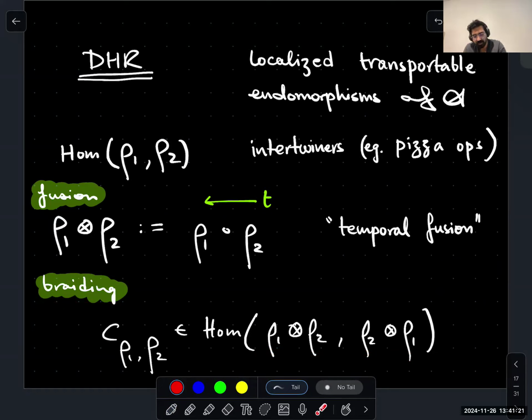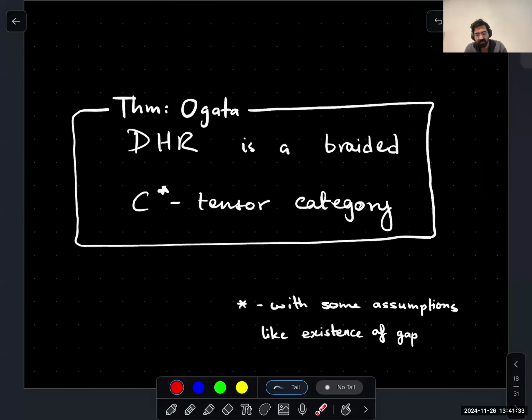Okay. So with the fusion and the braiding structures, it turns out that the category of localized transportable endomorphisms is actually a C-star tensor category, or braided C-star tensor category. If this doesn't mean anything to you, that's fine. It's just a braided tensor category, which is great, because you would have expected that the category of anions is a braided tensor category. And then there are some additional assumptions that are required, like the existence of some gap, something like that.